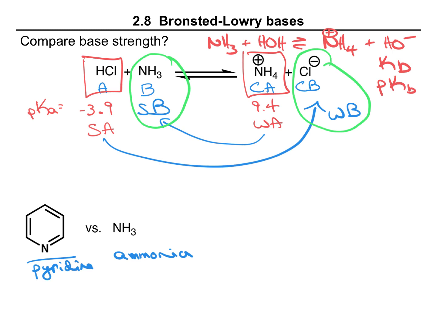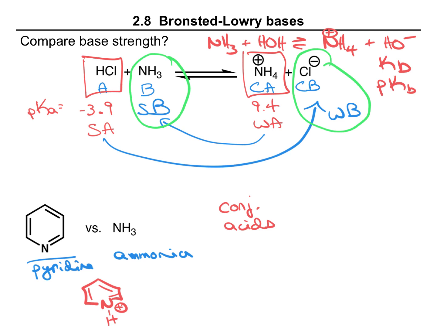Well, we cannot compare pyridine and ammonia directly. We need to compare their conjugate acids. So the conjugate acid of pyridine is called pyridinium. So if nitrogen grabbed a proton, we still have these double bonds. Nitrogen now has a formal charge of +1 on the nitrogen.